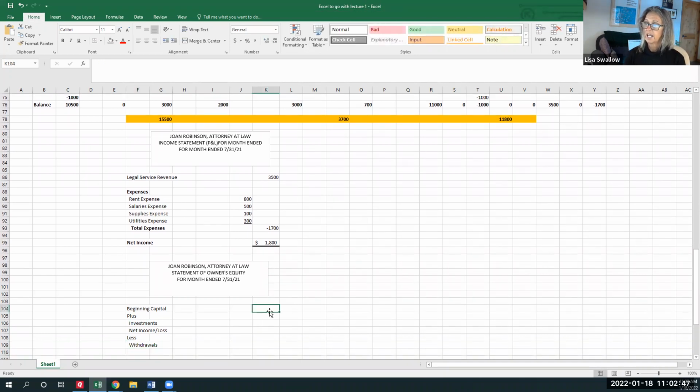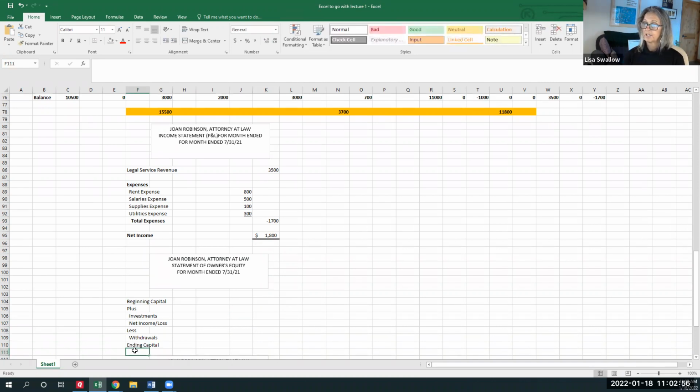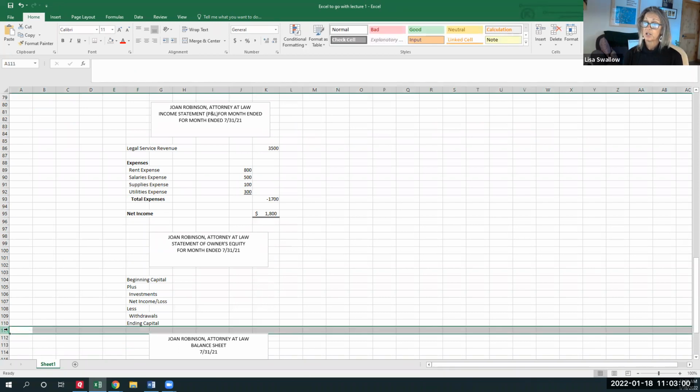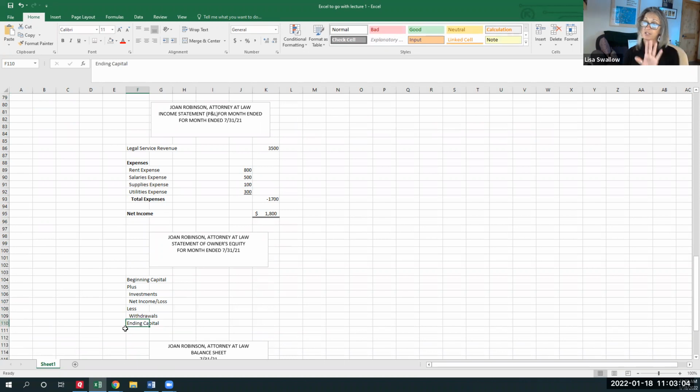Okay, so beginning capital, it's a brand new business, so it's 0. But remember, if it's a business that's in anything other than the very first month, your beginning capital will be whatever the ending capital was from the prior period. So it looks like we're in July, brand new business, it's 0.